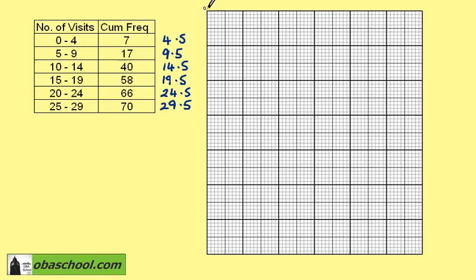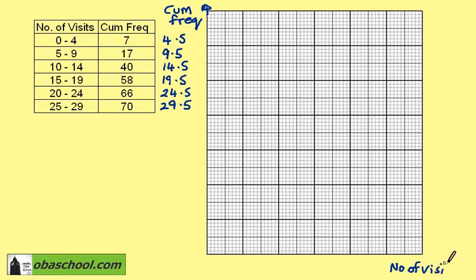We're now going to plot the graph on this graph paper. The cumulative frequency always goes on the vertical axis. Therefore, the number of visits will go on the horizontal axis.